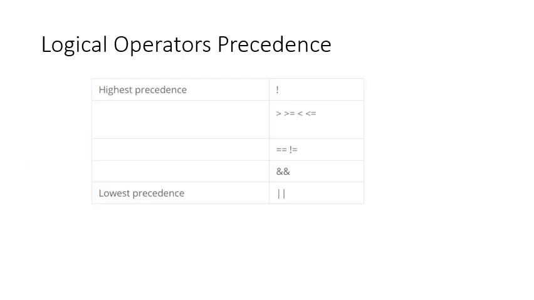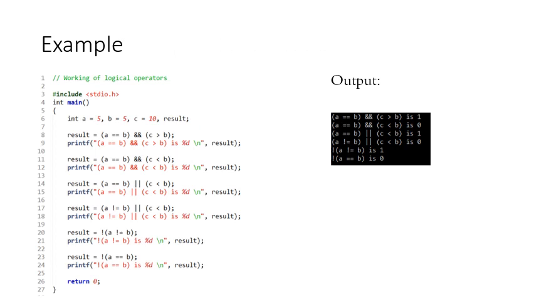Okay, so here's just a summary of the logical operators precedence. So again, the operator with the highest precedence will be the unary operator, which not is an example, followed by your relational operators, your equality, and your logical and, and then logical or.